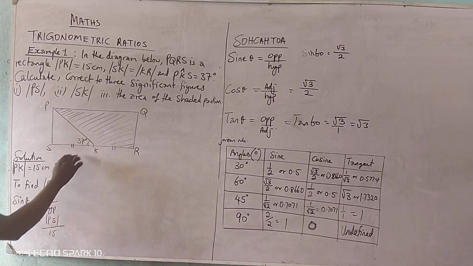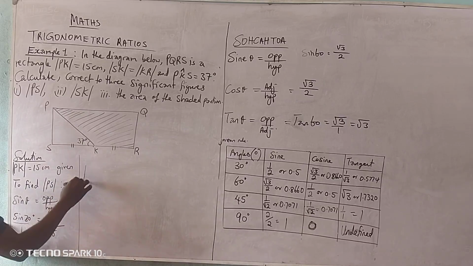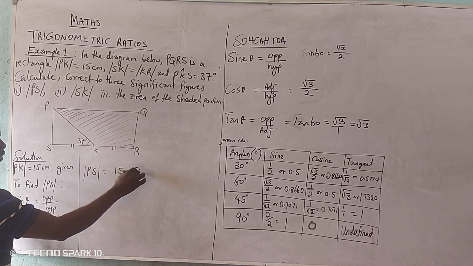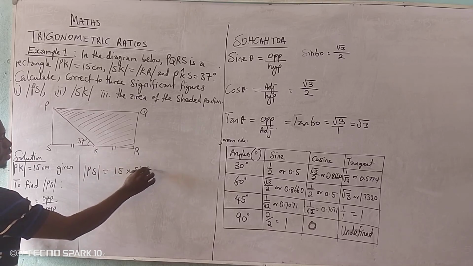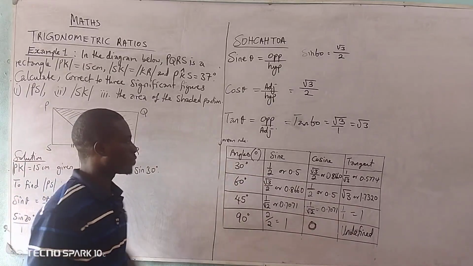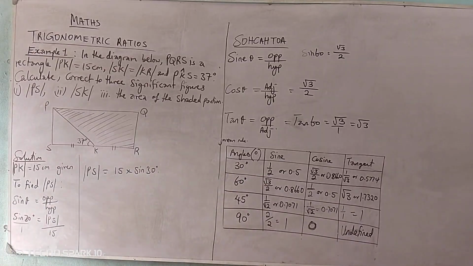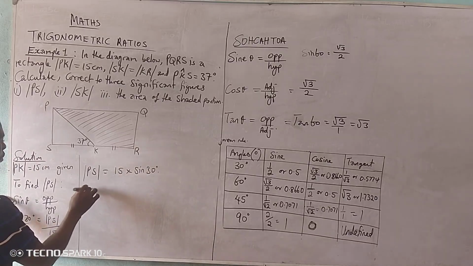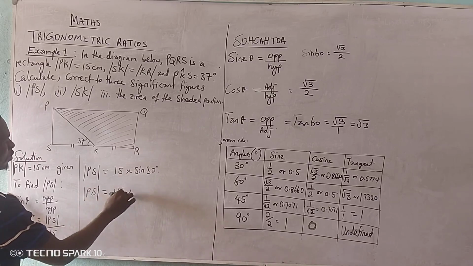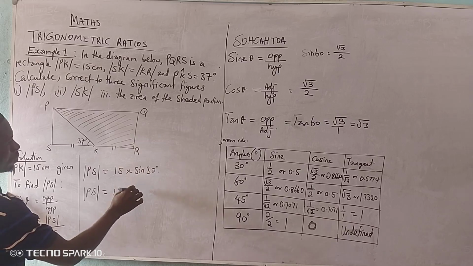When we cross and multiply, we have line PS is equal to 15 times sine 30 degrees. So what is sine 30 degrees? Sine 30 degrees is 0.5, or use half. PS is equal to 15 times 0.5.